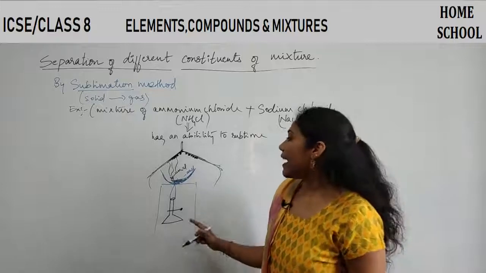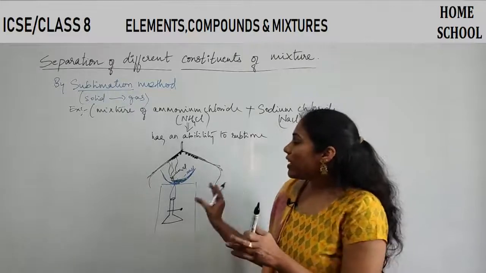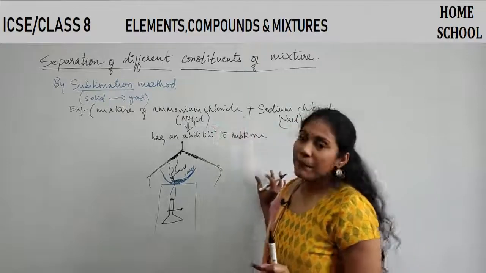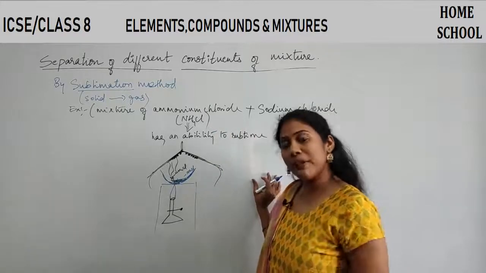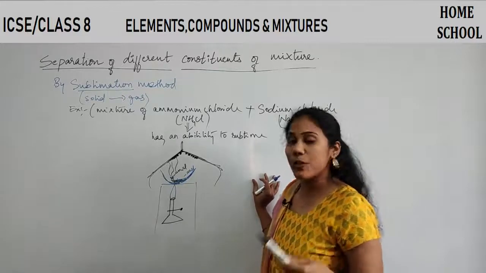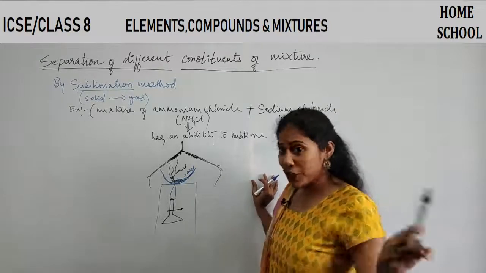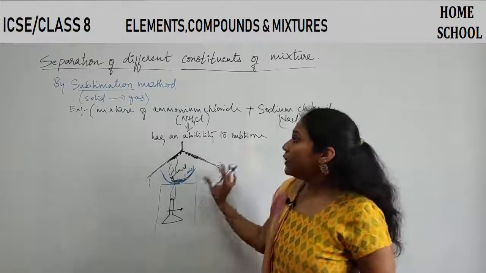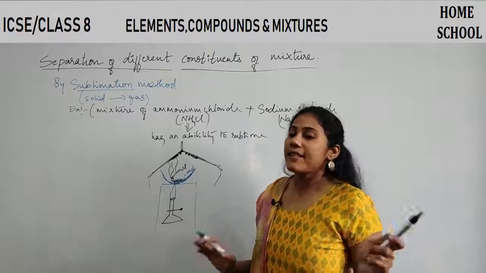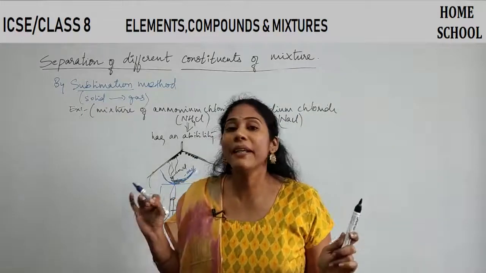So this is how, with the help of the sublimation property, you can separate two components, but among the two components one must compulsorily have an ability to sublime. The other component should not have. Only then you can use this method to separate the components. Clear? So this is what we call the sublimation method.